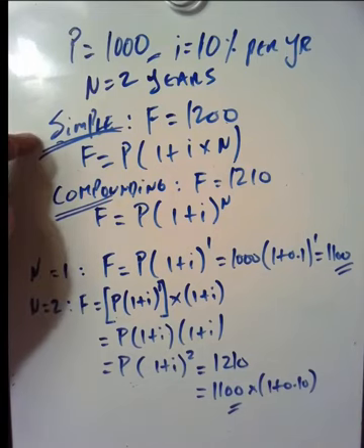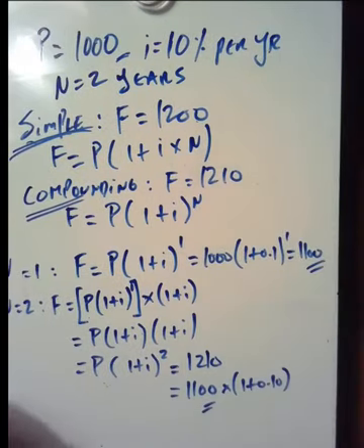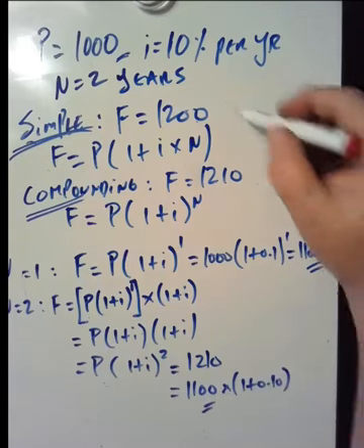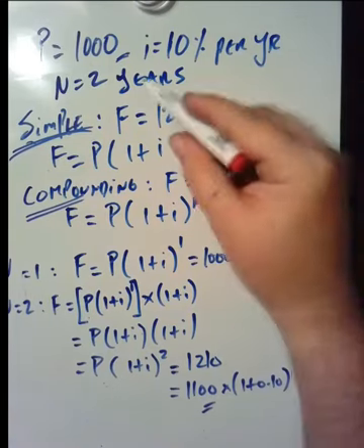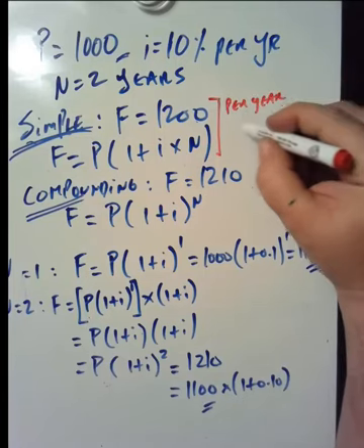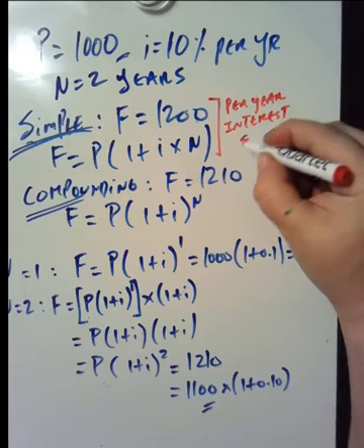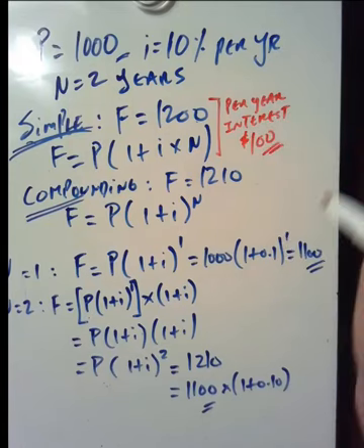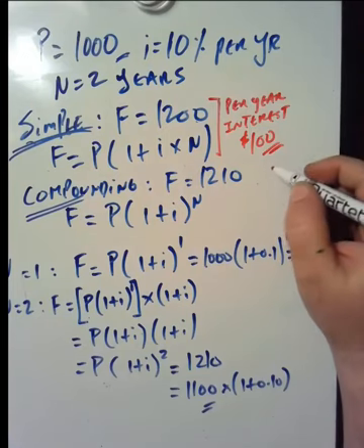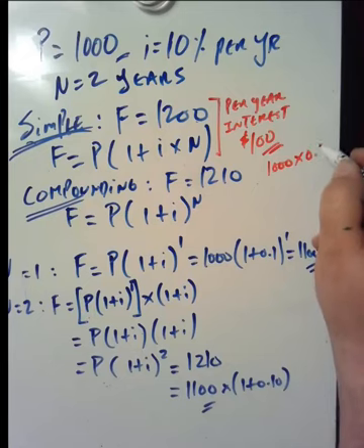In the simple interest method, you always earn the same amount of interest per year. So per year, in this method, given these variables, the interest is fixed at $100, which is the 1,000 times the interest rate.